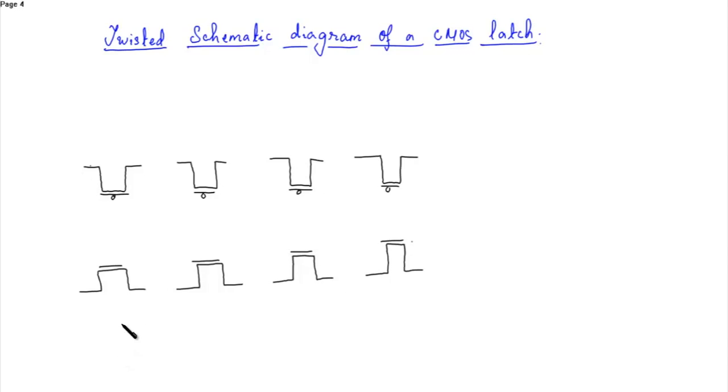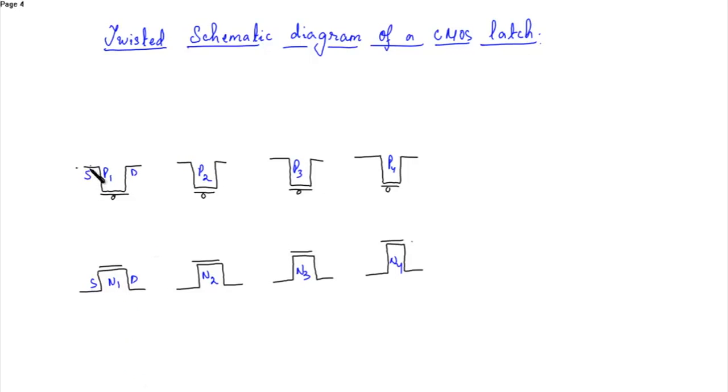So now P1, P2, P3, P4, N1, N2, N3 and N4. Now this is the source, drain, okay.